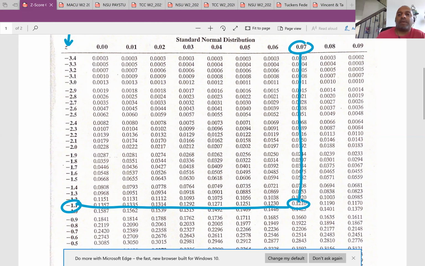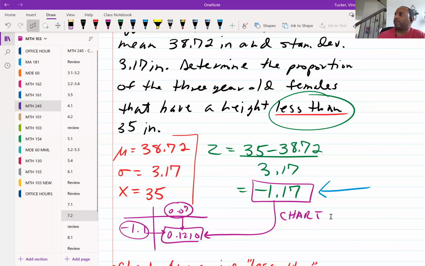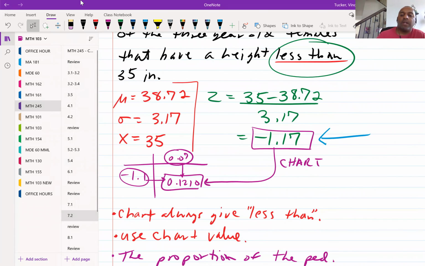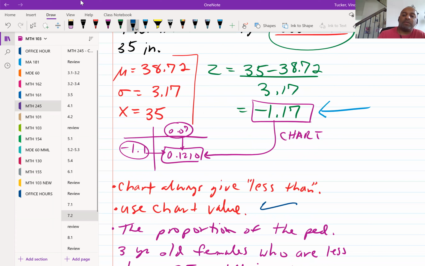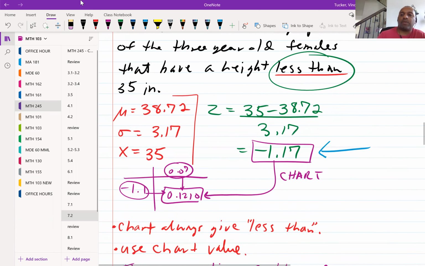Questions on that before we go back to the notes? So 0.1210. So once again, chart always gives less than. So that means we would use the chart value because that's what we're looking for, less than.